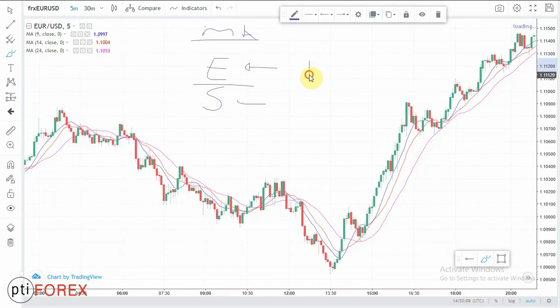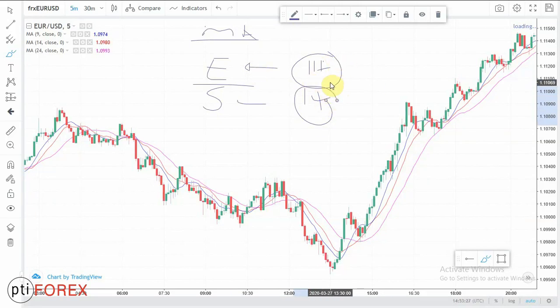So you can have an exponential moving average of period 14 and a simple moving average of period 14. However, you will have differences, because this one will also be looking at the current market data, while this one will only be looking at the previous market data. So those are the differences.